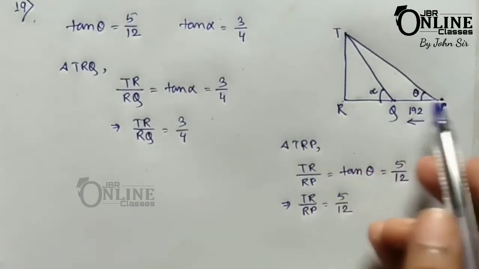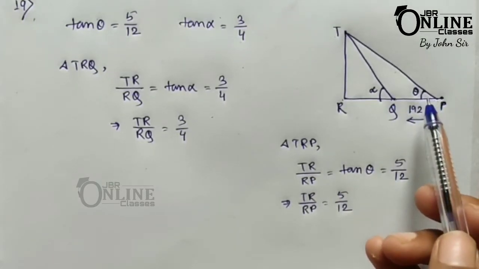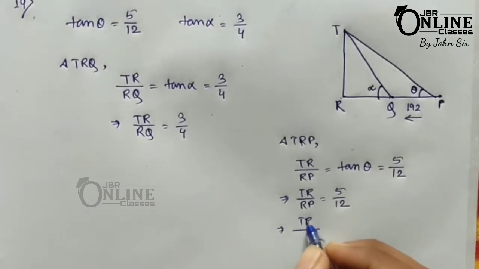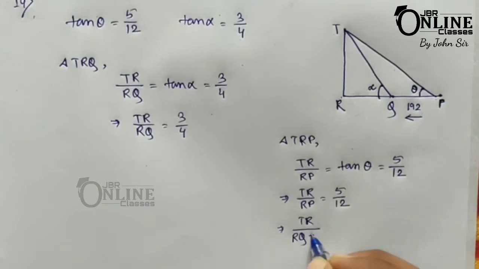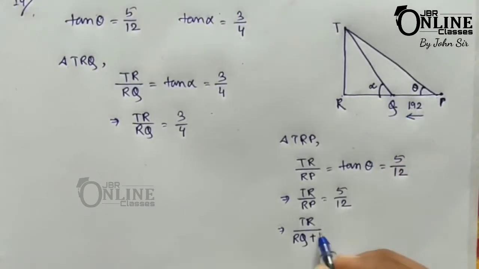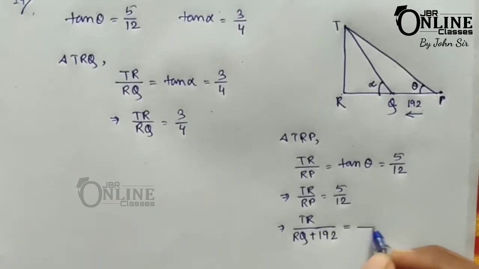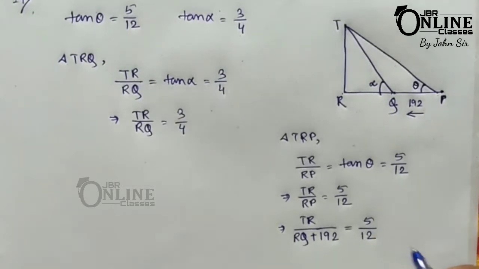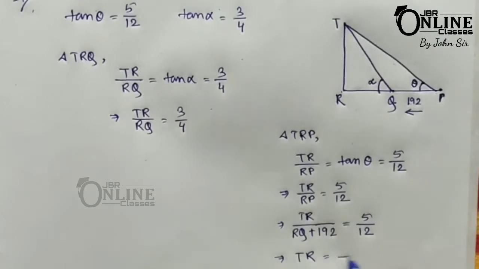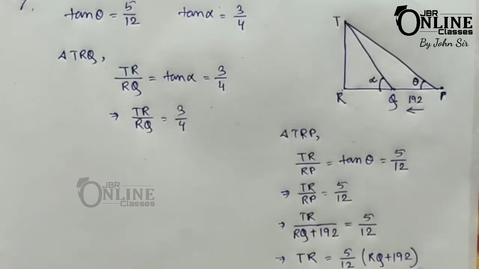Now as RP is the addition of RQ and QP, we can write TR by RQ plus QP. As the value of QP equal to 192, we can put 192 instead of QP, equal to 5 by 12. So from that you can write TR equal to 5 by 12 into RQ plus 192.